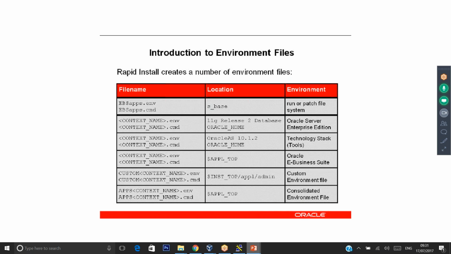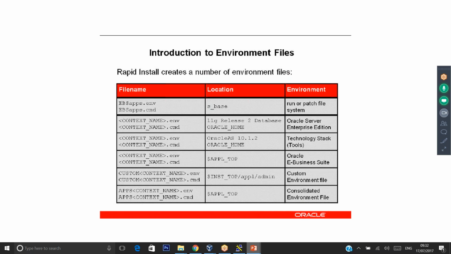But in this case, apps context.env doesn't contain any environment variables. You would only see references to the other environment files, and when you source this, it will source the environment files mentioned in this particular file.